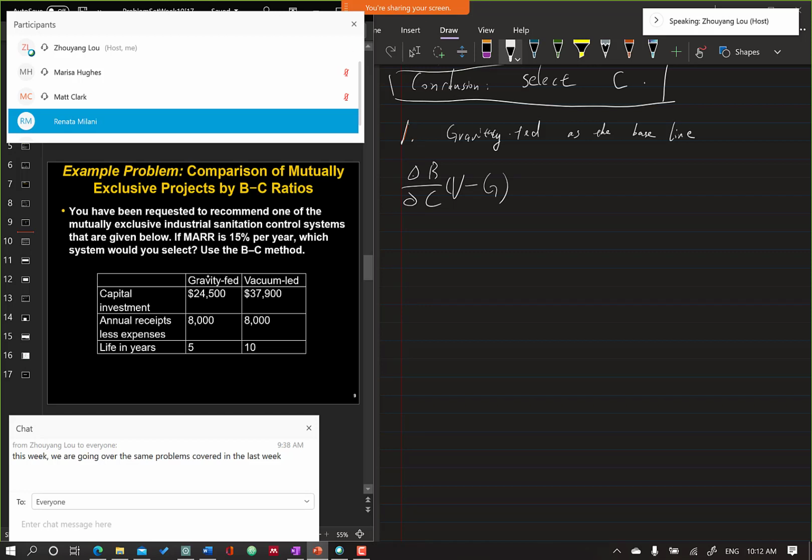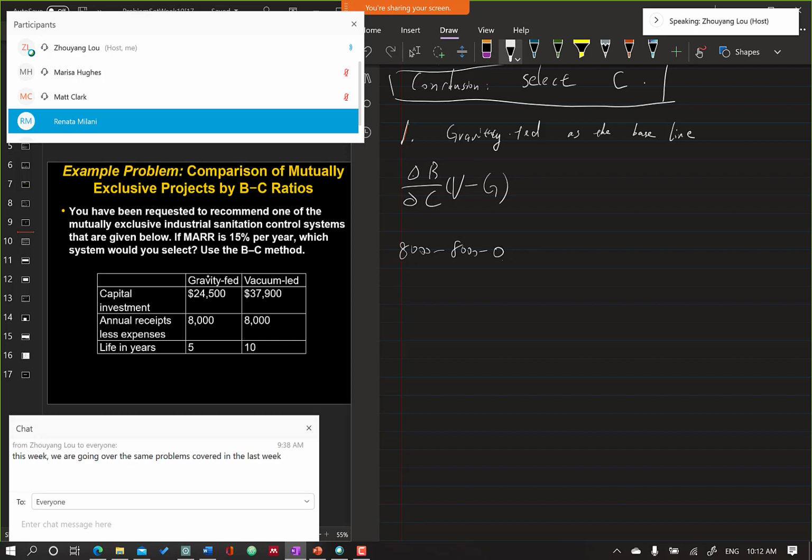So for the benefit part, what we can observe is that it's 8,000 for both. So if doing 10 years, we just use 8,000 minus 8,000. That's just 0, so we don't need to worry about that.